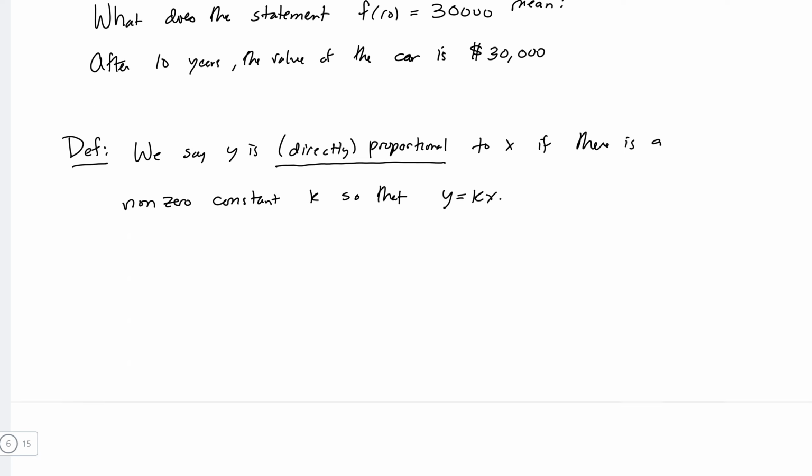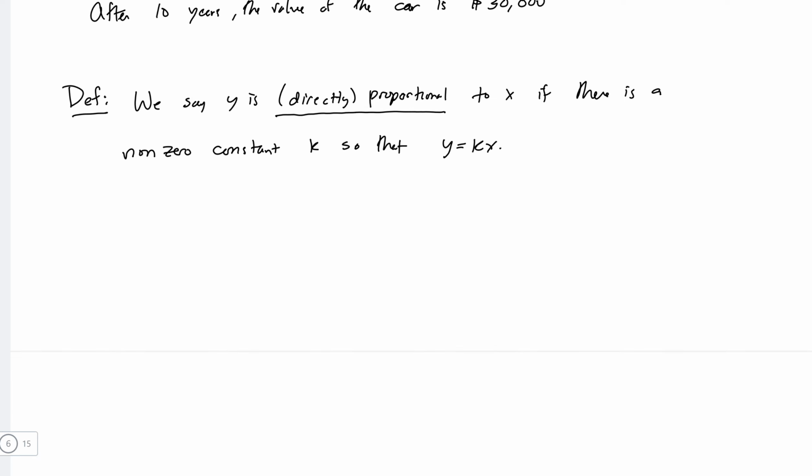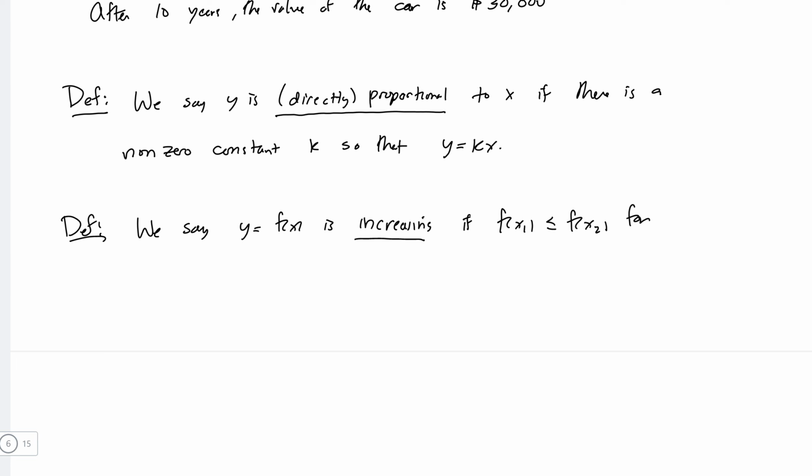Okay. Other things we'll use: we say y equals f of x is increasing if f of x1 is less than or equal to f of x2 for all x1 less than x2.